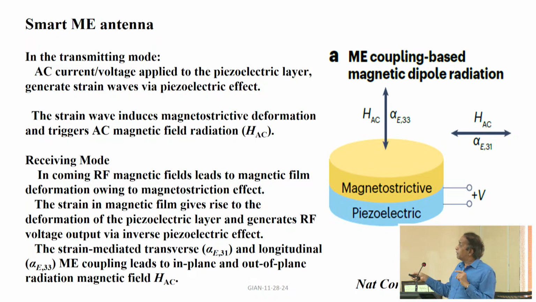So, the incoming radiation will have a small AC magnetic field in the RF signal that would produce strain in this medium, which will be transmitted to the piezoelectric medium, that will produce a voltage. So, this is the receiving end, and the transmission is what I just described. So, you can do ultra miniaturization with a composite of a ferromagnet and a piezoelectric.